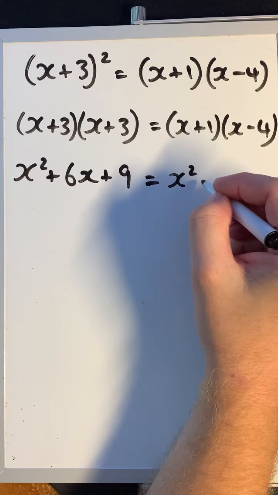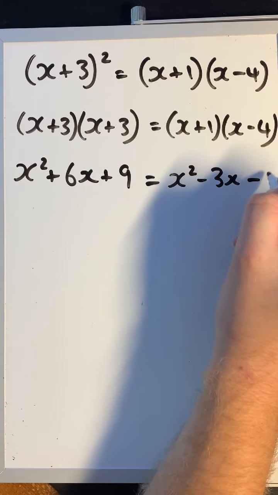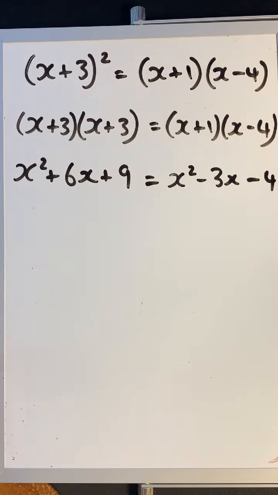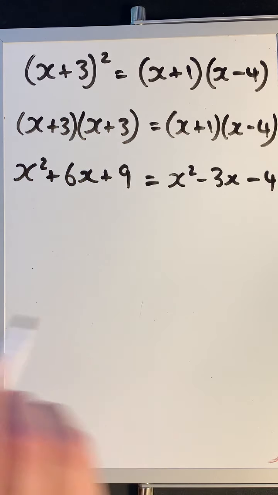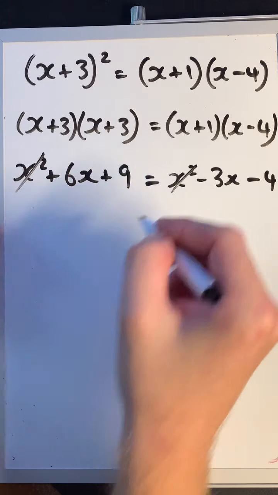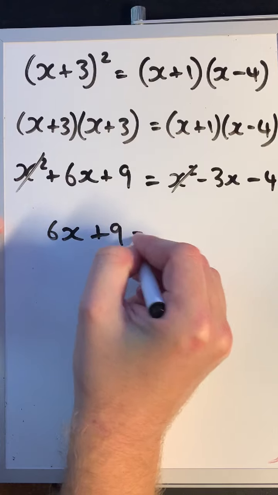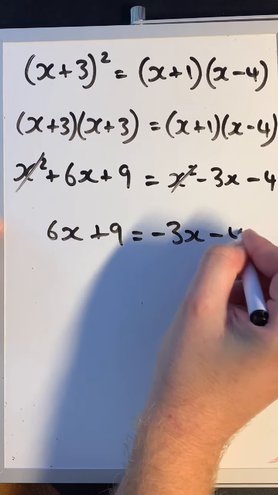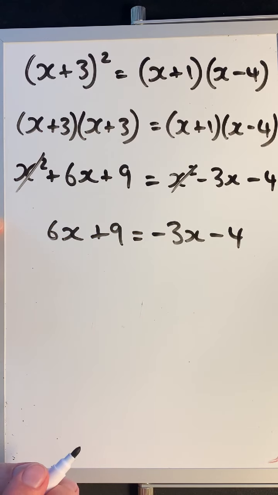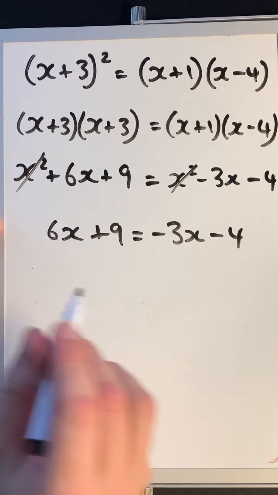Okay, same thing for this side then. We've got x squared minus 3x minus 4. Okay, I did exactly the same thing there. Those two added together, those two multiplied together. X squareds will cancel, and we're left with then 6x plus 9 is equals to minus 3x minus 4. Get the x's on one side, numbers to the other.